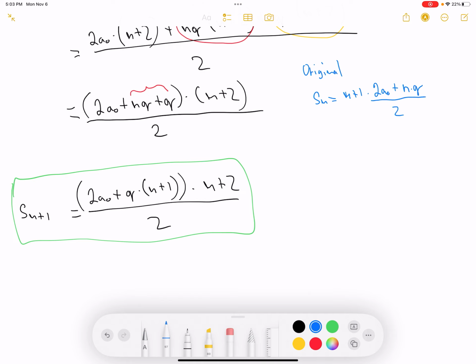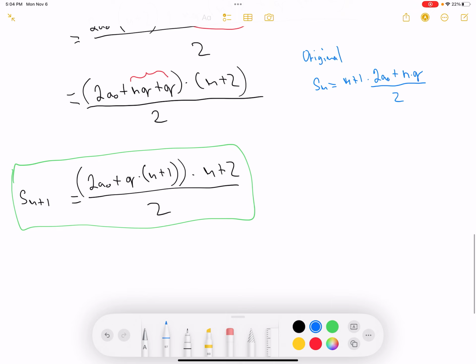And what we got here, in the green, is the formula for n plus 1, and I can do a little bit of rearranging here, just moving this term in front and changing the order in the original formula. N times q is the same as q times n. Everyone knows that.